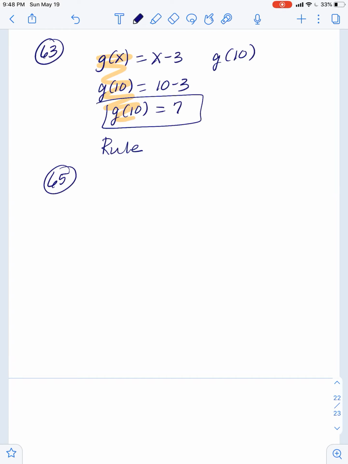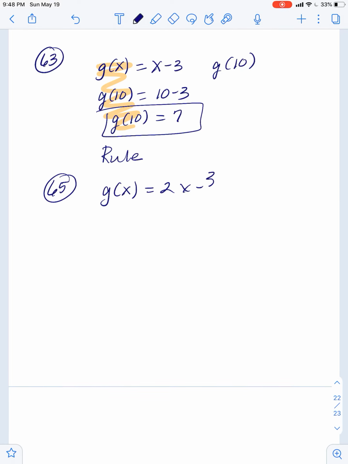Now 65 asks you for the inverse, and that's where we need to do our steps. Okay, step 1, substitute y for g of x in this case. Normally we say f of x, but g of x. So this becomes a y.